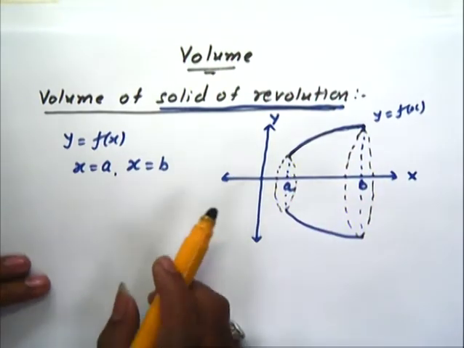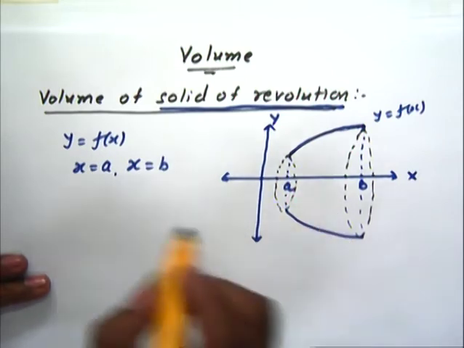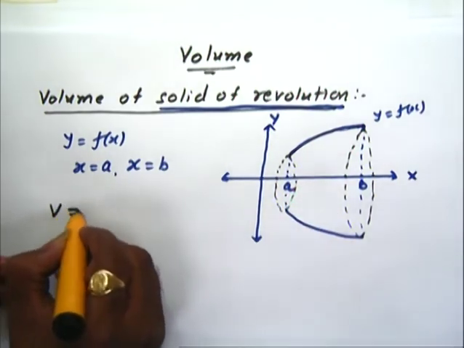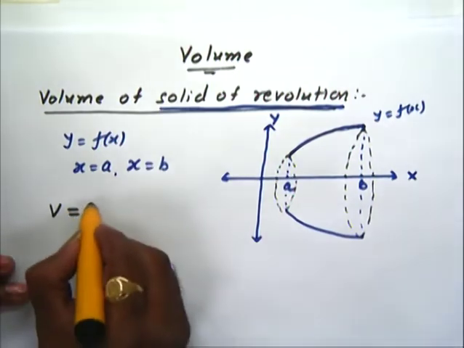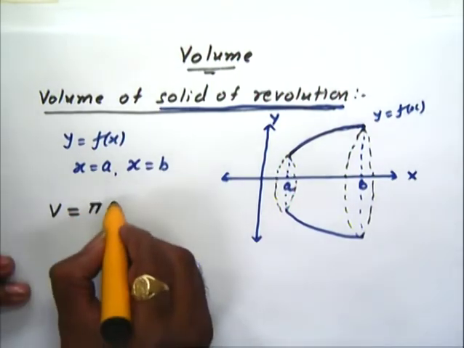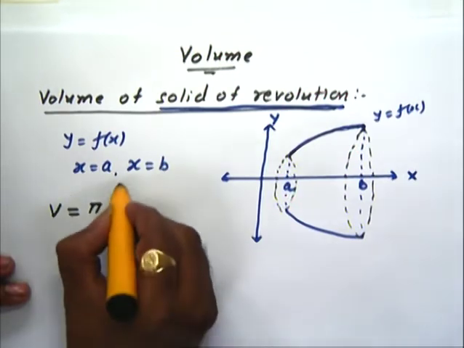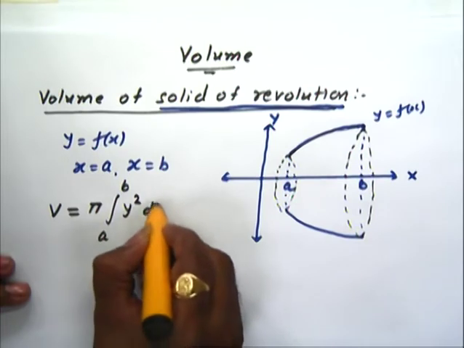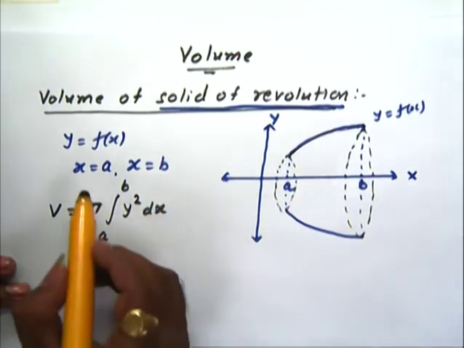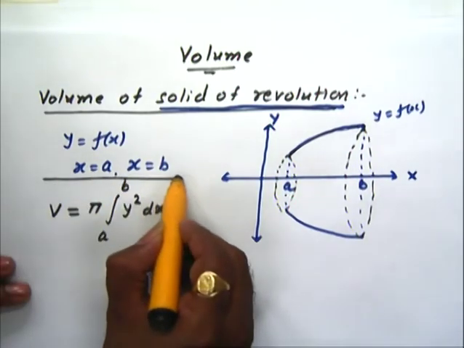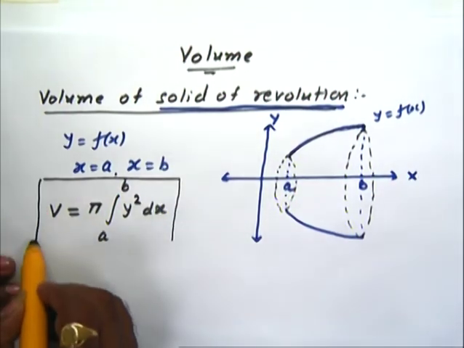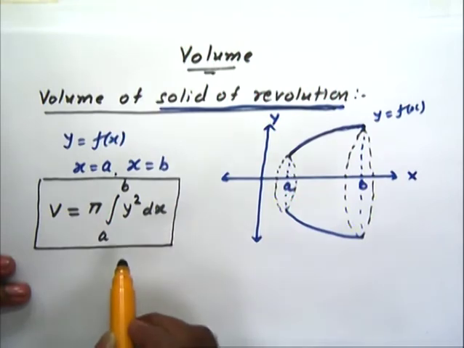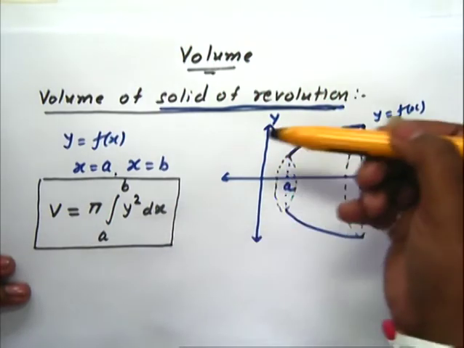So what is the formula? So the formula volume V equal to pi integration a to b y square dx. This is the formula to find the volume of solid of revolution about x axis.